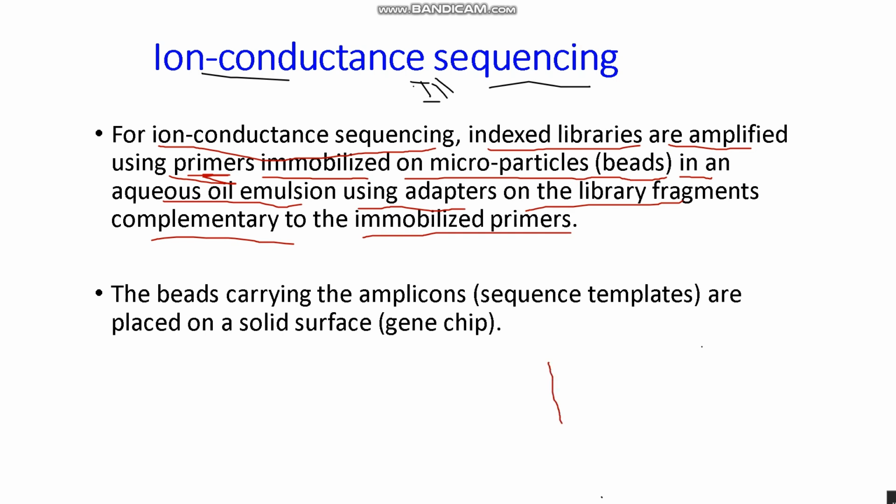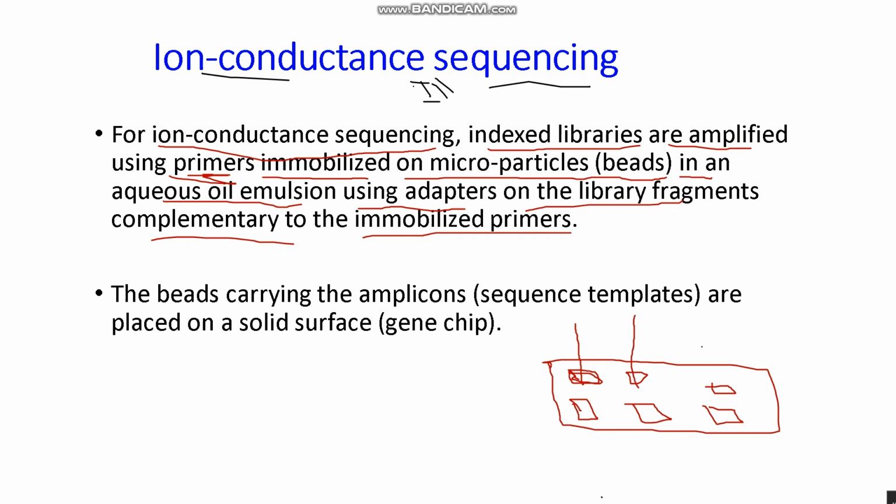Now we have DNA fragments, and adapters are attached to them. The beads or gene chips are used, to which the immobilized primers are attached. These are the immobilized primers. The DNA fragments are attached to them.